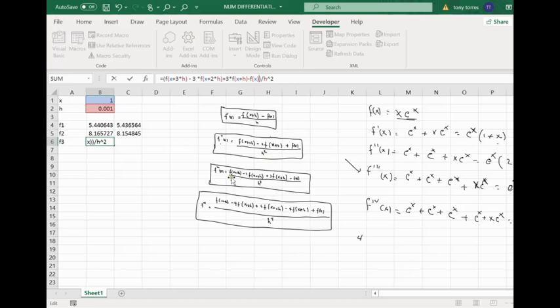Let's see. Yes, that's correct. Minus 3 plus 3 minus f of x. Now this h is to the cube. Let's see. Enter.